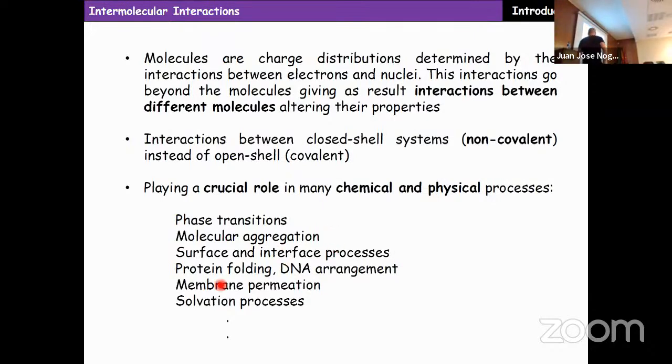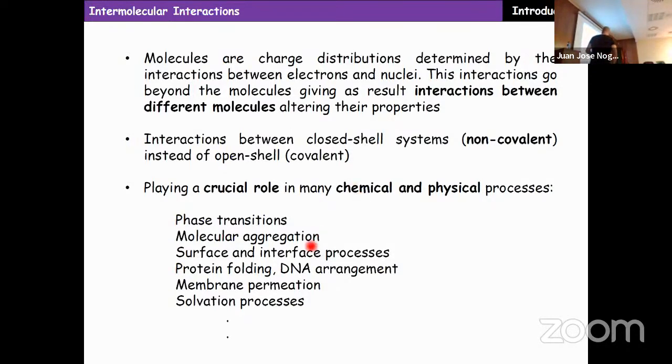Okay, they play a key role in molecular aggregation, for example, in the formation of micelles and colloids. Okay, these form because of intermolecular interactions. They play a very important role in subphase and interphase processes. For example, a simple absorption process in physisorption is due to intermolecular interactions between the subphase, the atoms of the subphase, and the molecules that are absorbed on it.